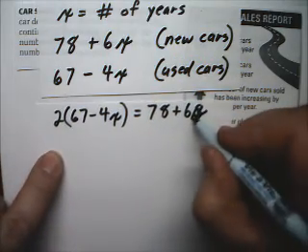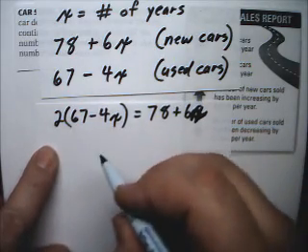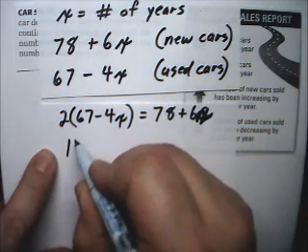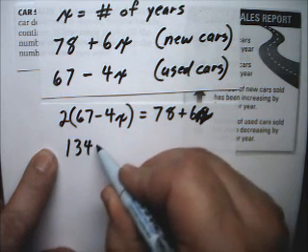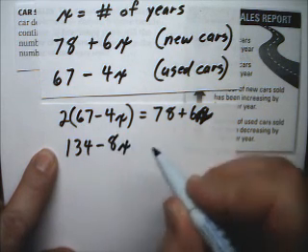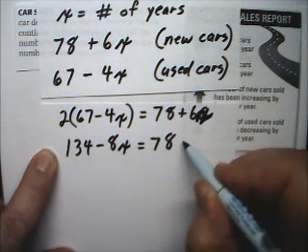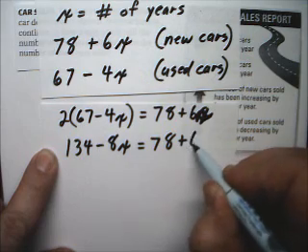So now I distribute this, and 2 times 67 is 134 minus 8x. 2 times negative 4x is negative 8x equals 78 plus 6x.